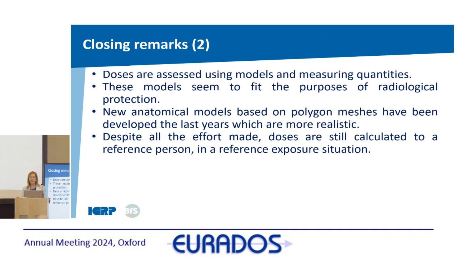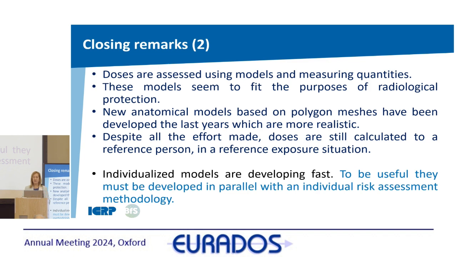Doses are assessed using models and measuring quantities, and these models seem to fit the purpose of radiological protection. New anatomical models based on polygon meshes have been developed in the last years, which are more realistic. But despite all the efforts that we all have made in the last years or decades, doses are still calculated for a reference person in a reference exposure situation.